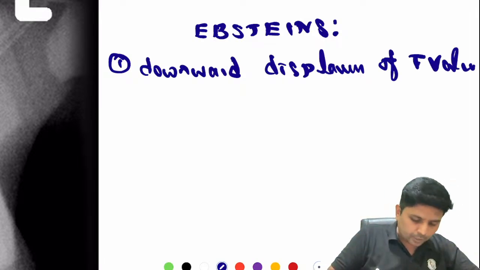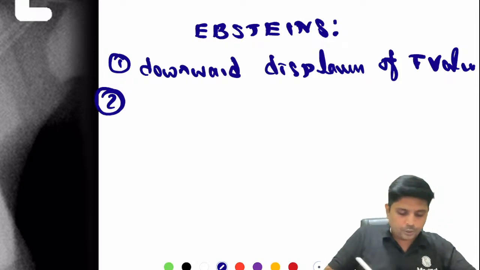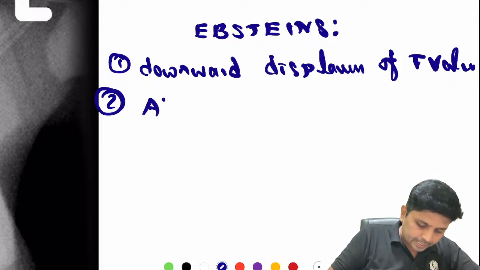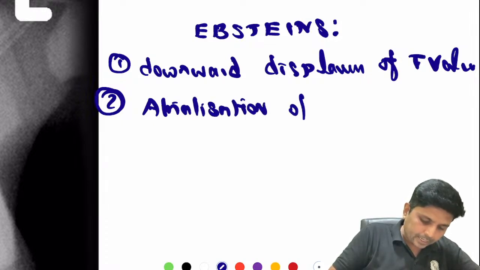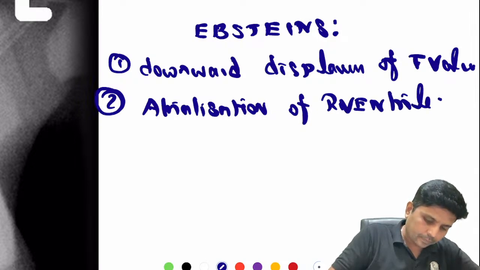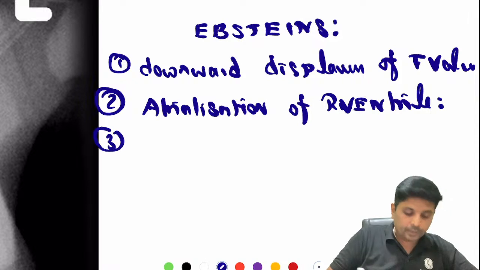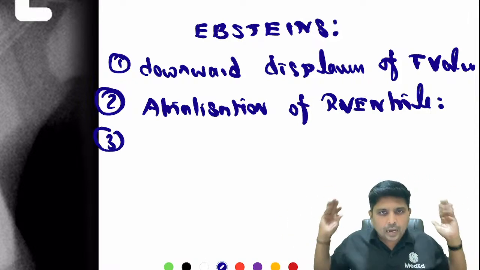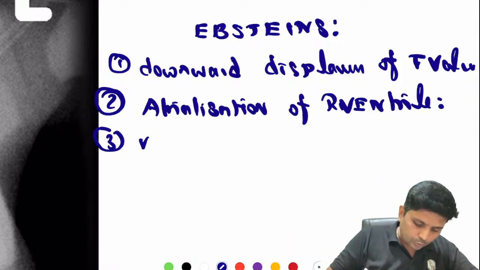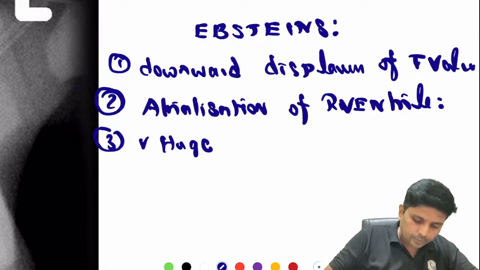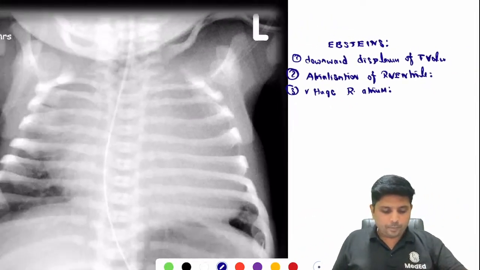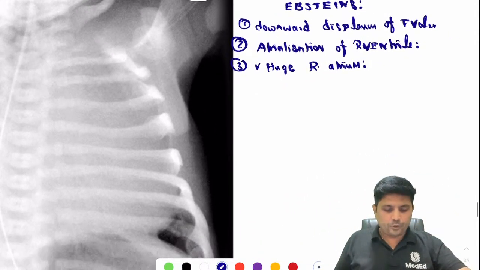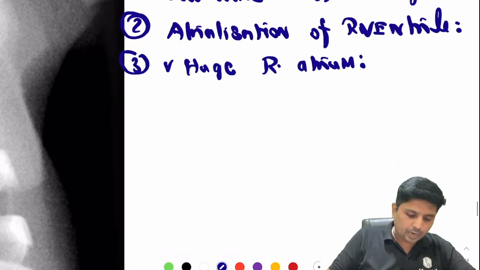As a result, you will get atrialization of the right ventricle, so you will have a very large atrium. You will have a huge right atrium. Because of this huge right atrium, you will have a massive large heart.